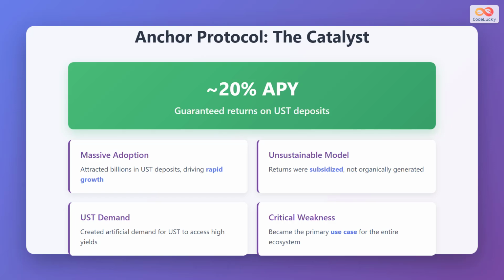However, this model was fundamentally unsustainable. The returns were subsidized by Terra rather than being organically generated through real economic activity. The critical weakness was that Anchor became the primary use case for the entire Terra ecosystem. When over 70% of all UST was deposited in Anchor, the ecosystem became dangerously dependent on this single protocol.